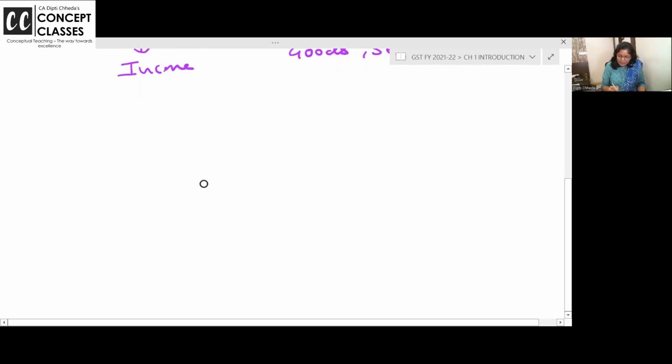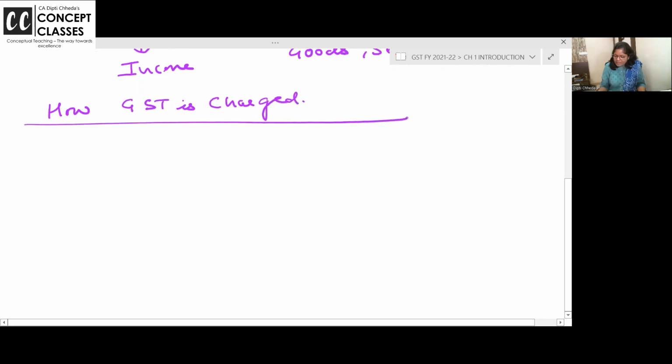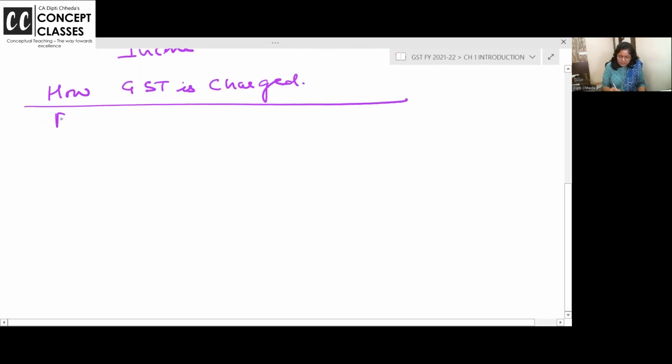अब एक टेबल बनाते हैं, हेडिंग लिखो आपके नोटबुक में, How GST is charged. In your introduction chapter, how GST is charged. Particulars. Frankly, what I'm doing is chapter number 6, input tax credit लेके कैसे आप पेमेंट करोगे टैक्स का, but just enough.